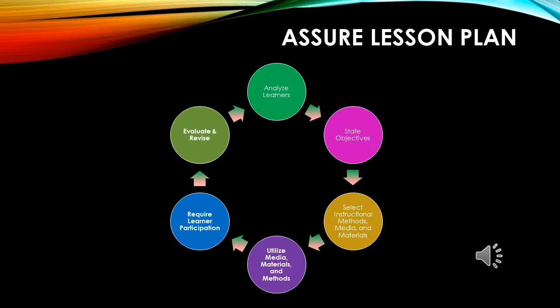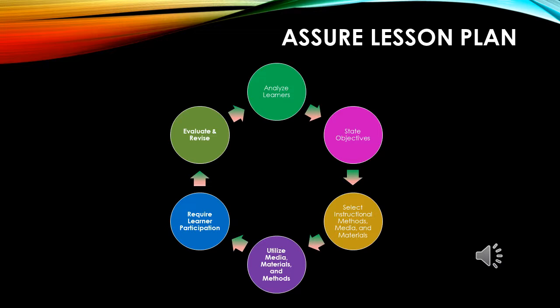The 6 steps of the Assure model include: 1. Analyze learners. What is the class size, sex, age, ethnicity, ability levels, current knowledge or prerequisites, and the learning styles of the students? 2. State objectives.